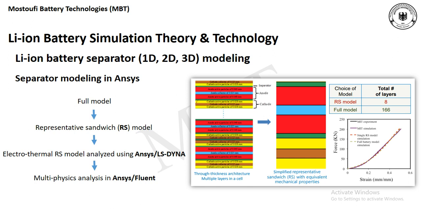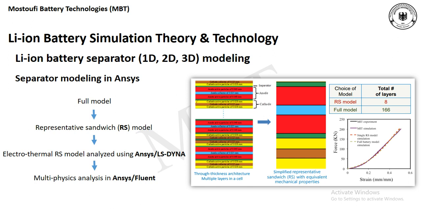As you can see on the right side, the full model consists of 166 layers, but the RS model or the sandwich model has only 8 layers, and it's much easier to analyze, and the computational cost will decrease dramatically.